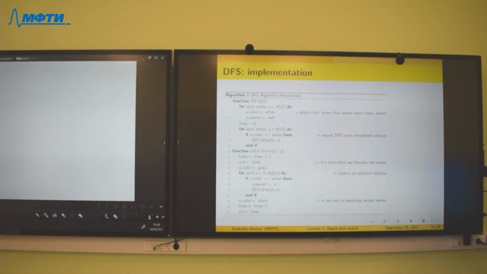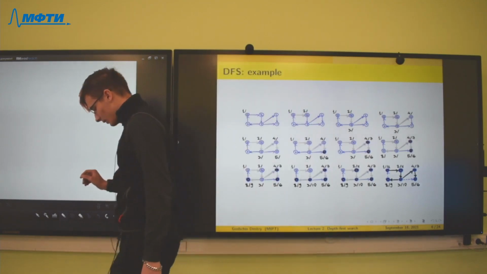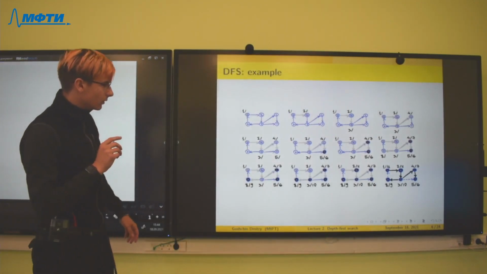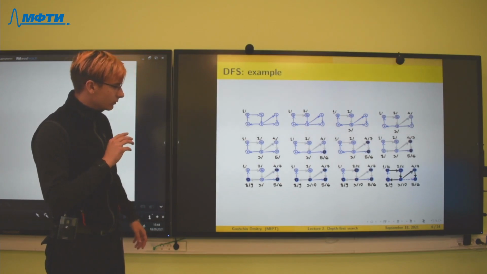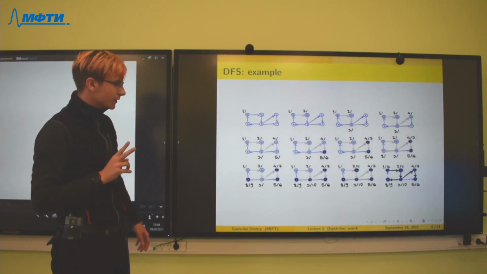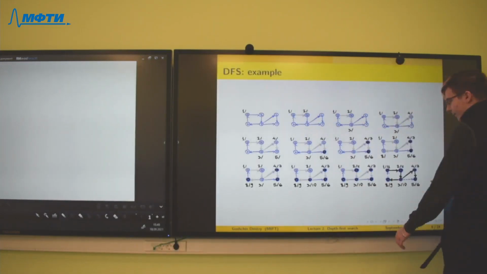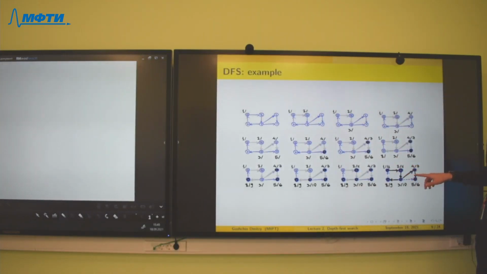So, about implementation, let's go to the example. There are colorings and two important numbers that we assign to each vertex at the end of the algorithm. Each vertex has the time when we explore it and the time when we finish exploring its adjacent vertices.